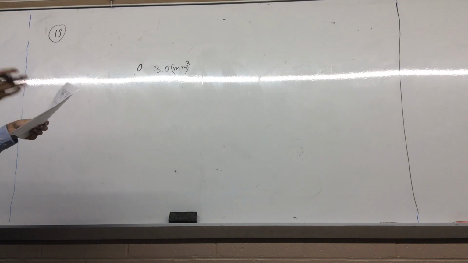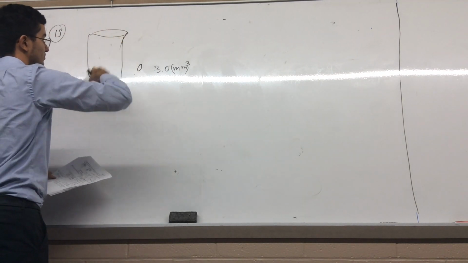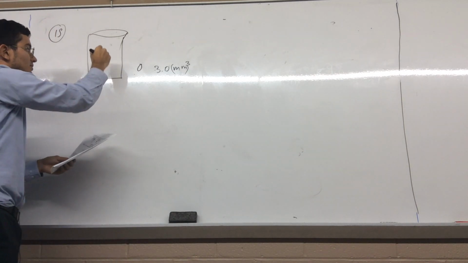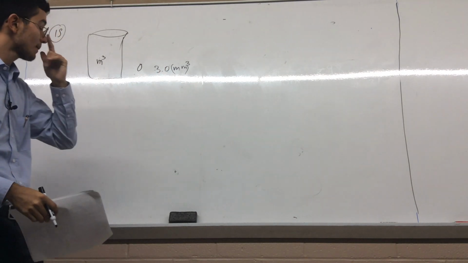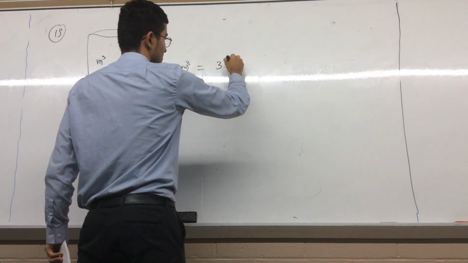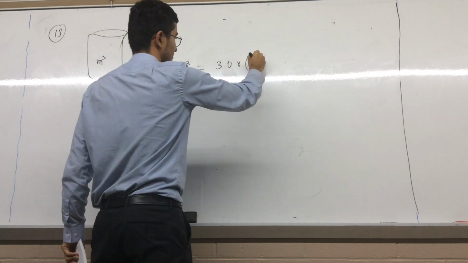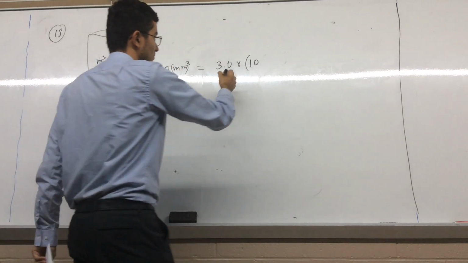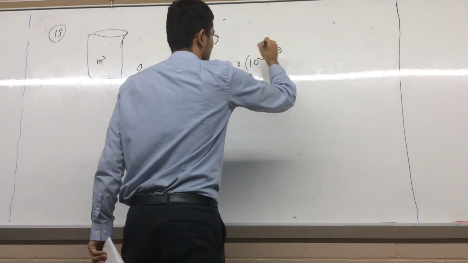Now we want to compare this to a large container, in units of meters cubed. So what do we need to know? We just need to convert this into meters cubed. Now this is the same as saying 3.0 times, in parentheses, very important, 10 to the power of milli, which means negative 3, meters, all cubed.